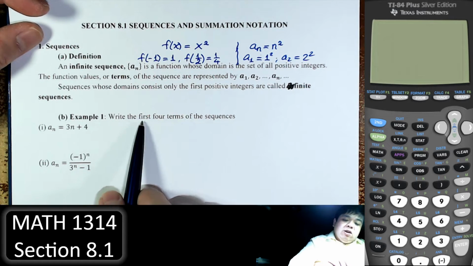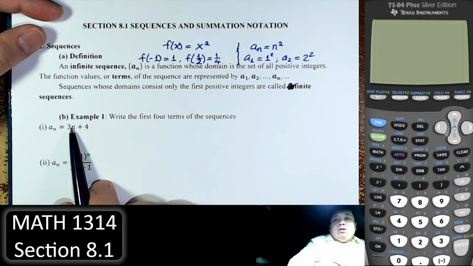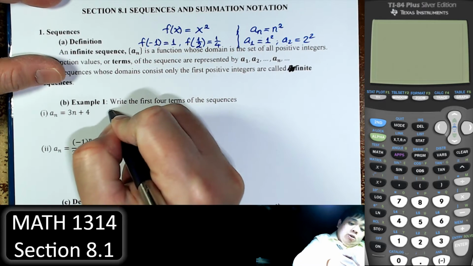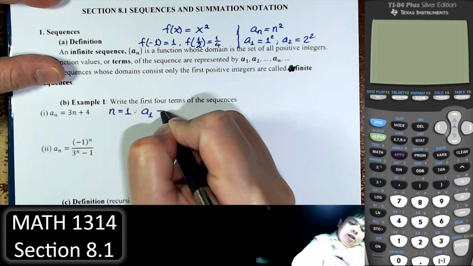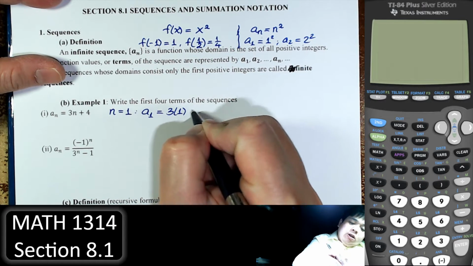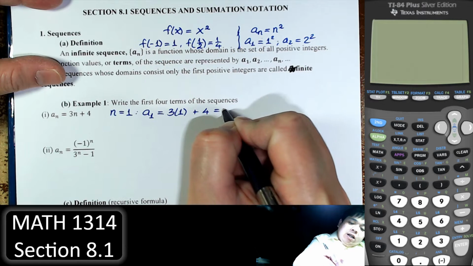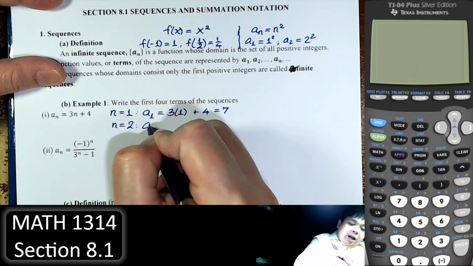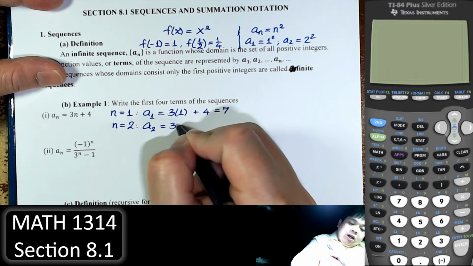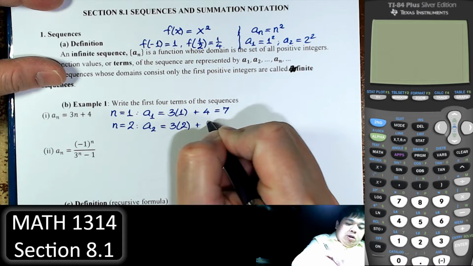Write the first 4 terms of the sequence. Now this is very easy. When n equal to 1, we have a sub 1 equal to 3 times 1 plus 4. That is 7. n equal to 2, a sub 2 equal to 3 times 2 plus 4.